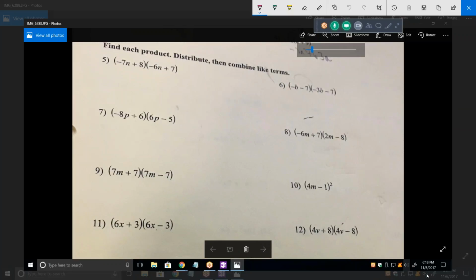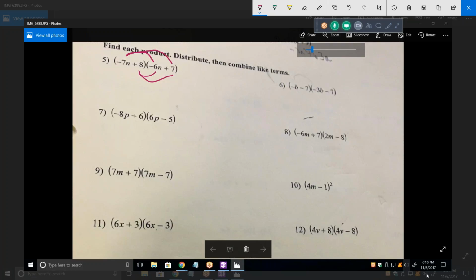Every term by every term. Start with the term on the left, multiply it by that. Keep going with that term, multiply it by the other. Then take the next term, multiply it by that, and take that term and multiply it by that. Add all 4 together. That's what FOIL is. And in fact, FOIL does it in that exact order.